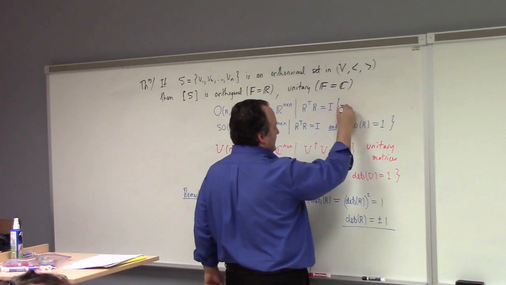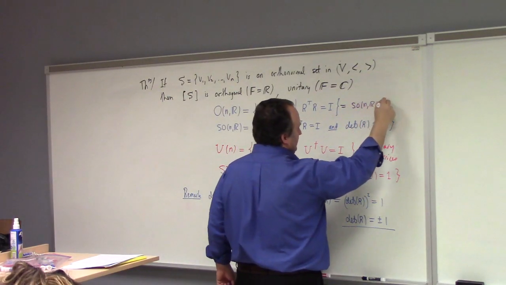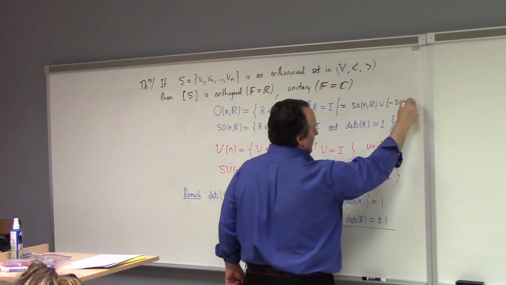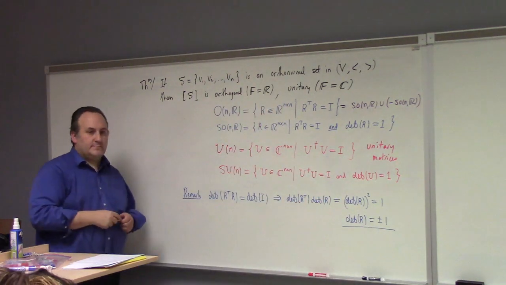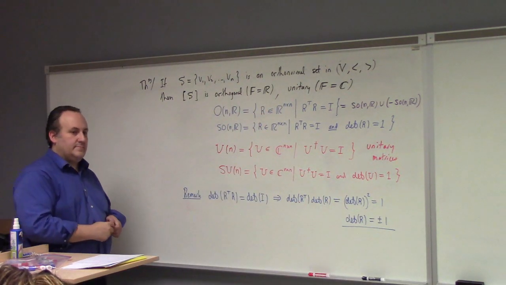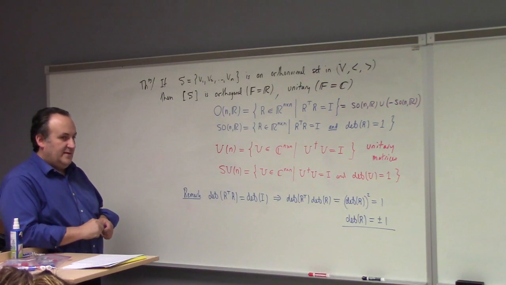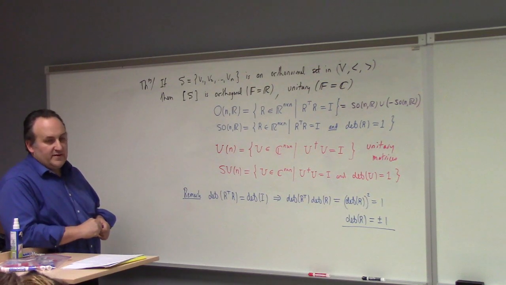So you could write this as SO(n)(R) unioned with, we could use the notation minus SO(n)(R), if you like. Yes, SO(n) is a subgroup. And yes, that is a disjoint decomposition into two equally sized sets, although these are infinite.